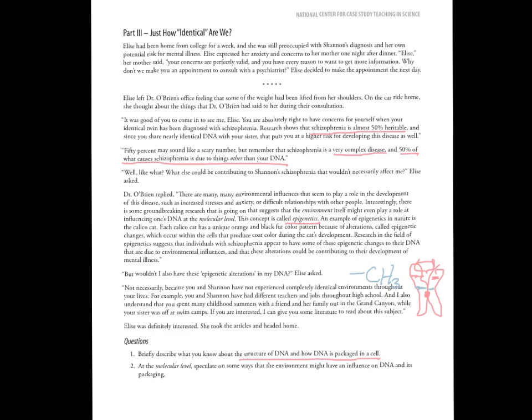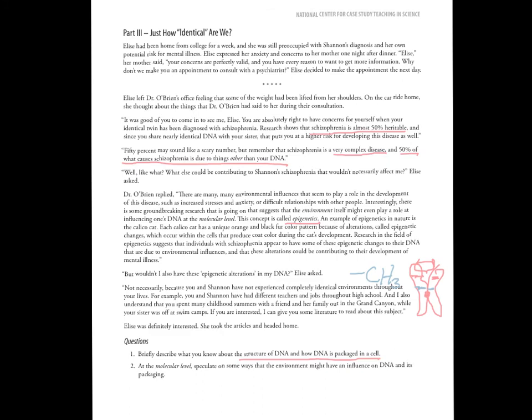Then we can get one twin which has the same DNA sequence, but has lived in an environment or has been exposed to environmental factors that cause her DNA to be methylated or somehow changed. That twin could get the disease while the other one doesn't. Or the opposite could be true, right?